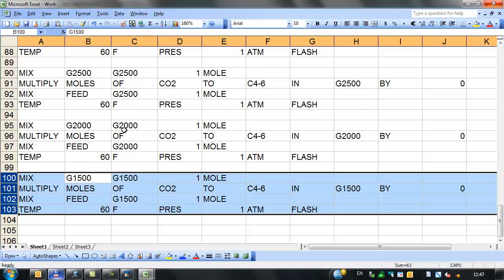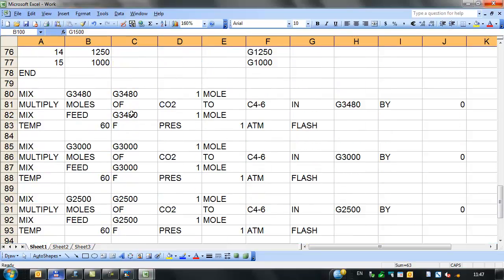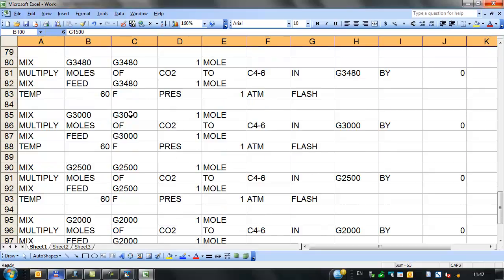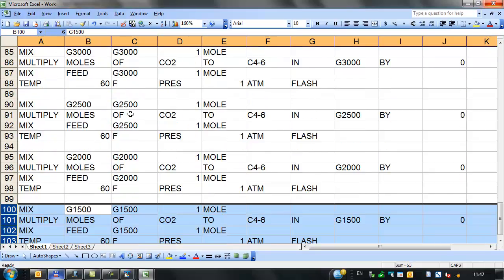Okay, 1,500, 2,000, 2,500, 3,000. So we'll see whether that density changes much or not for these different ones.